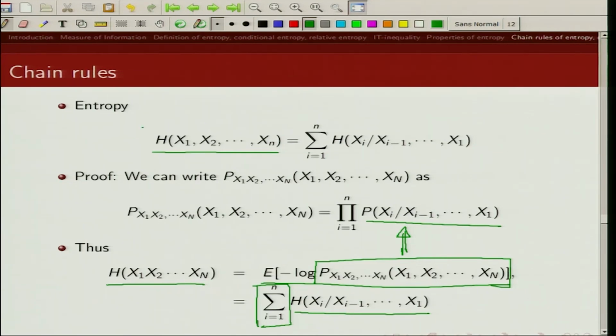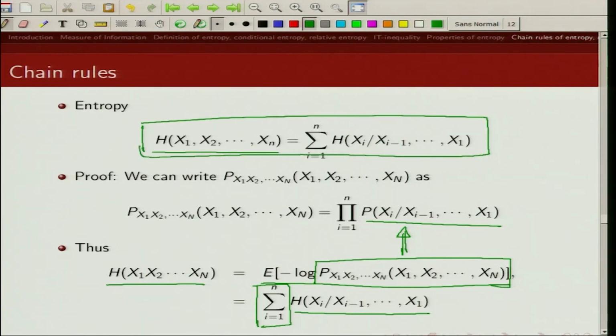Hence we can write this joint entropy in terms of these conditional entropies. This is a very important result. We are going to use the chain rule repeatedly to prove different properties of entropy and other things.